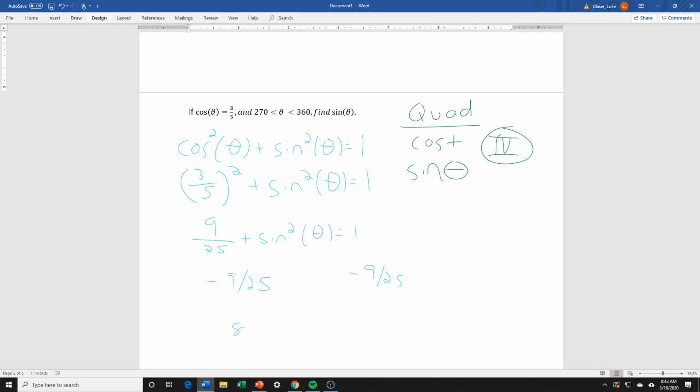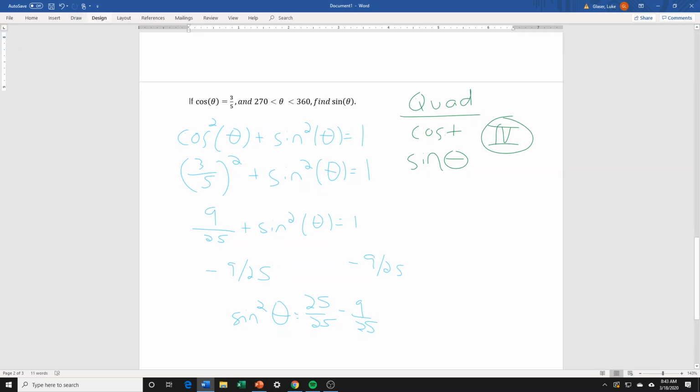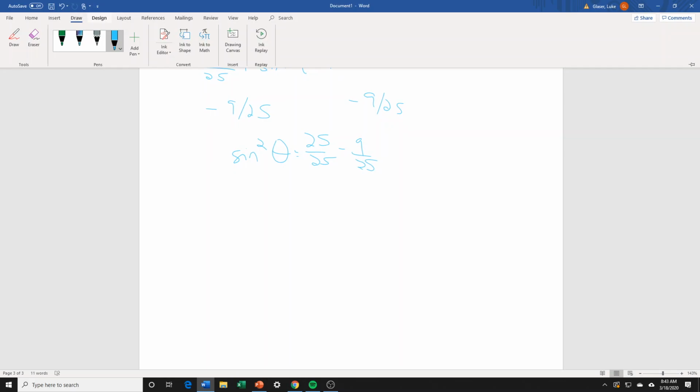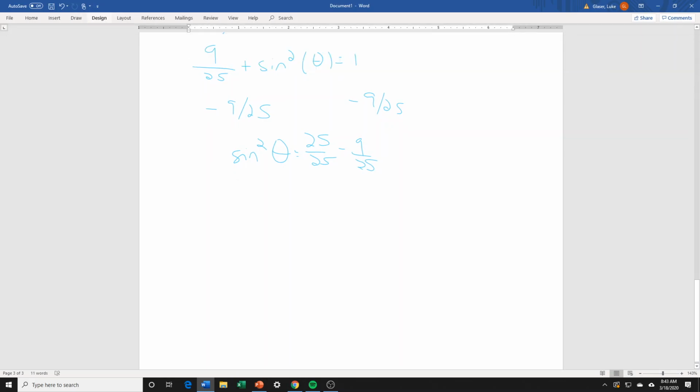I'm going to have sine squared of theta equals, I'm going to go ahead and change 1 to 25 over 25 minus 9 over 25. So sine squared of theta, 25 minus 9 is going to be 16 over 25.